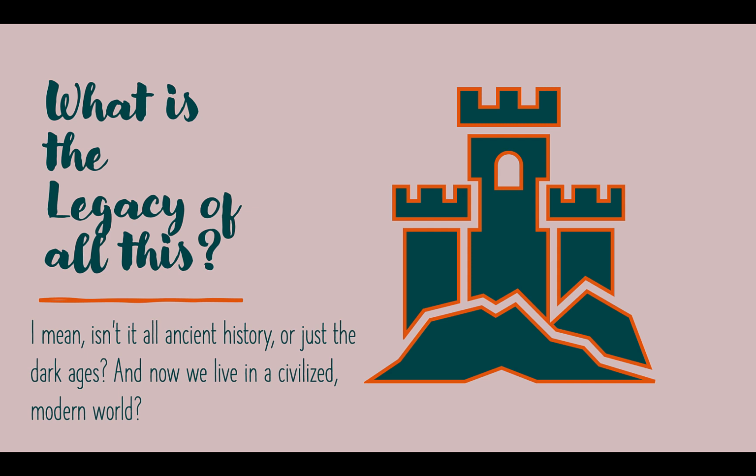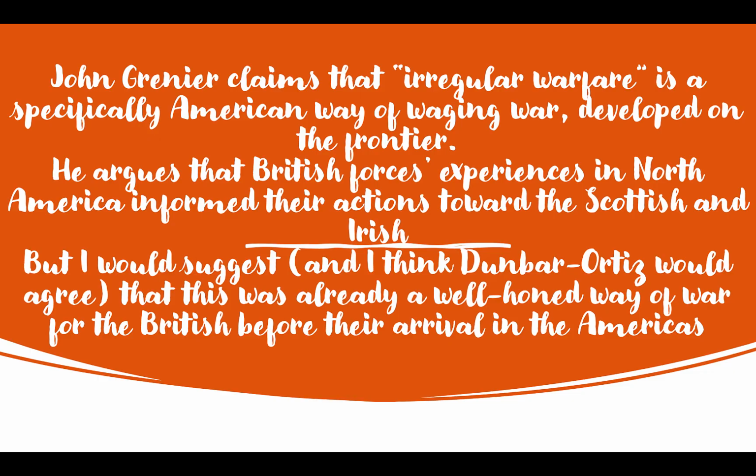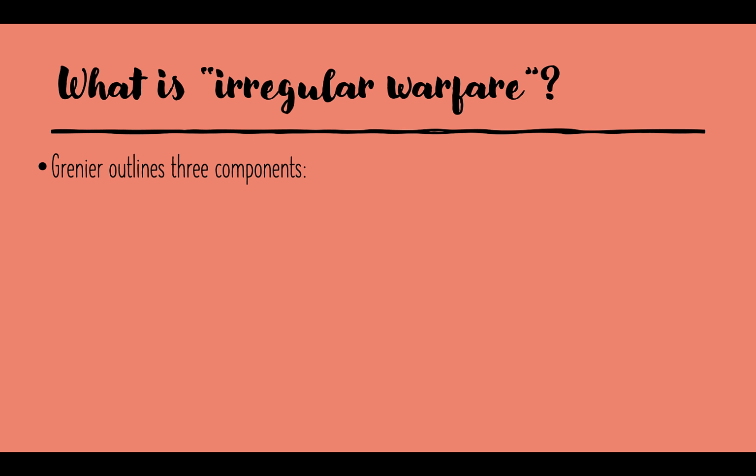So this actually does impact our lives even today because of the legacy of many of these practices. We talked a little bit about Chivalry, and that is a form of irregular warfare. So this is what constitutes irregular warfare: extirpative warmaking, or warmaking that is designed to exterminate the people against whom you are fighting.